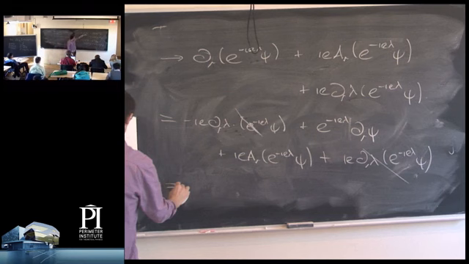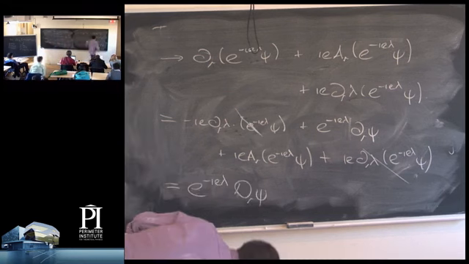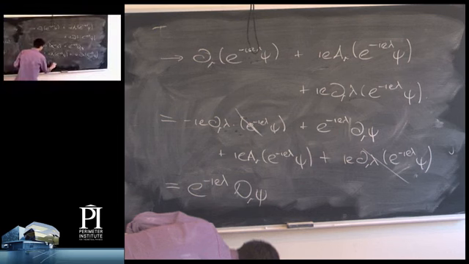But now when the derivative acts on lambda, it gives this term, and this precisely cancels the bit we got from the gauge field shifting. So this goes, and this goes. And what we're left with is d mu psi again, with this exponential factor taken outside.